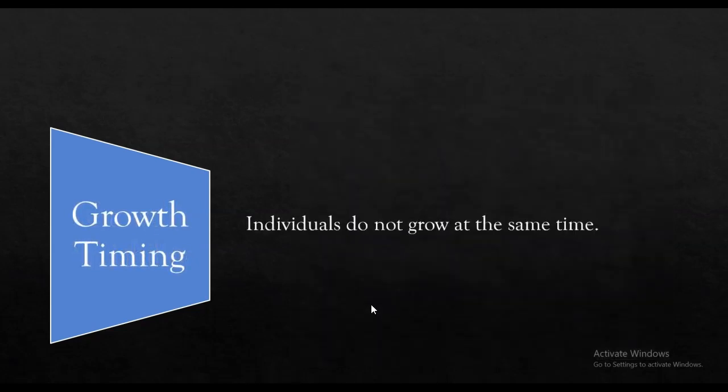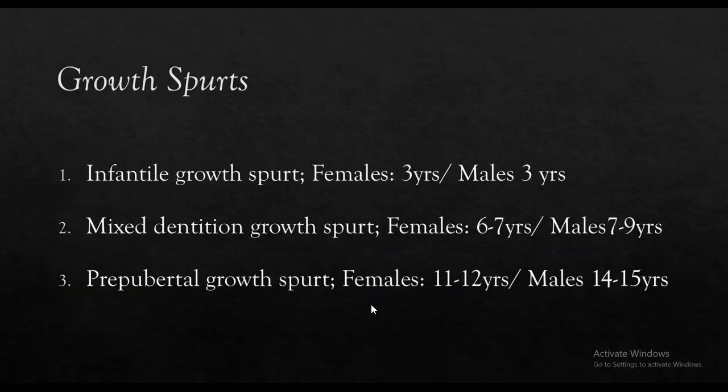Growth timing is important since it directly affects the results of orthodontic treatment, especially the orthopedic applications. All individuals are unique and don't grow at the same rate and at the same time. One should also know that growth doesn't show uniform progress.